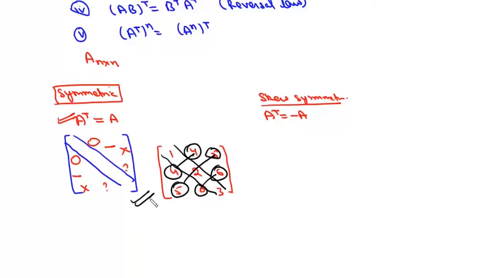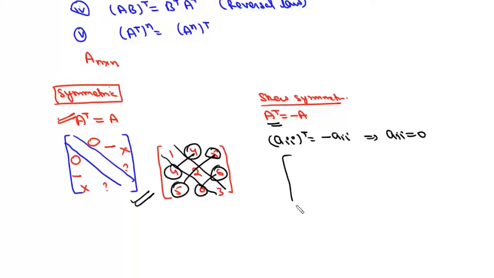And for a skew symmetric matrix, first, since A transpose is equal to minus A, if we take any element of the form Aii, then Aii transpose is equal to minus Aii. Now if we take the transpose of Aii, it will again be Aii. So from here we can say this Aii will be 0.